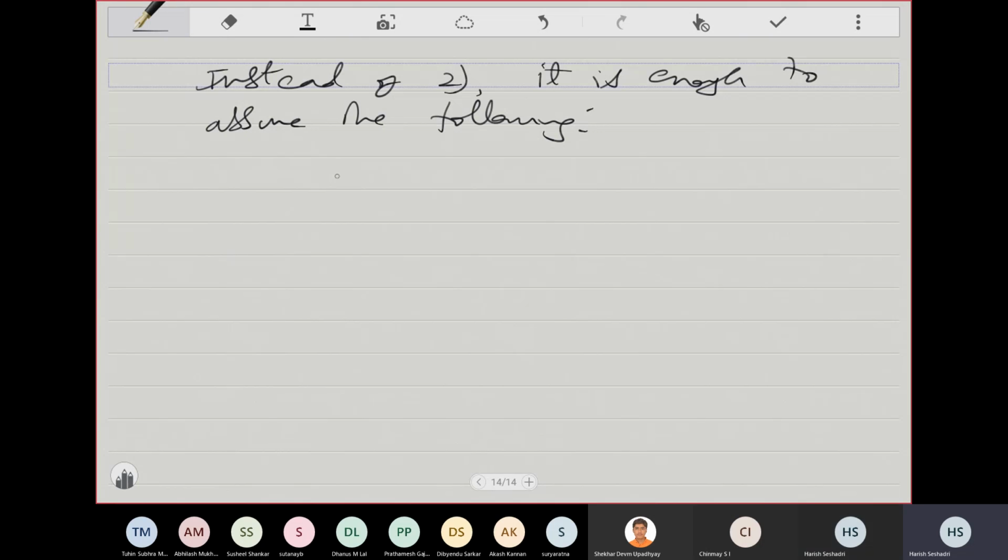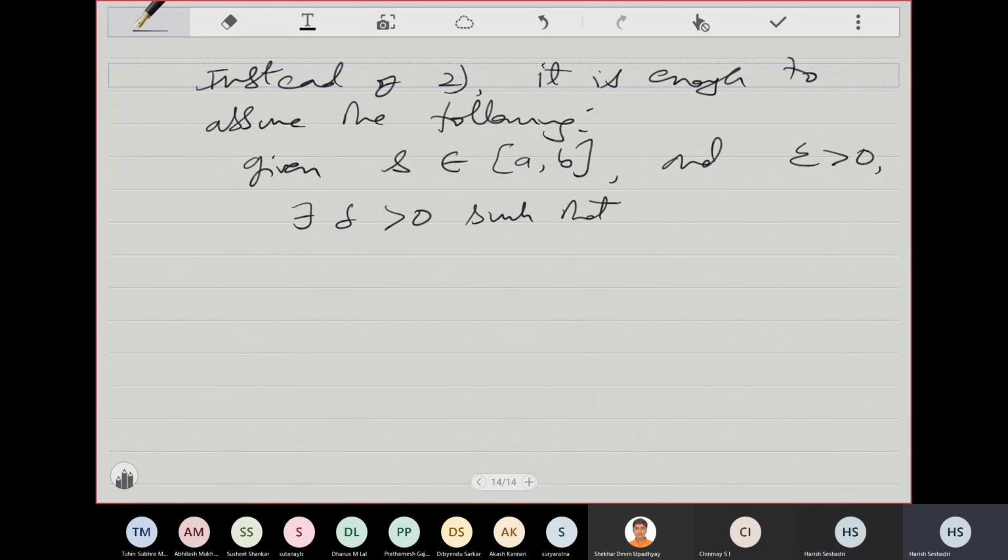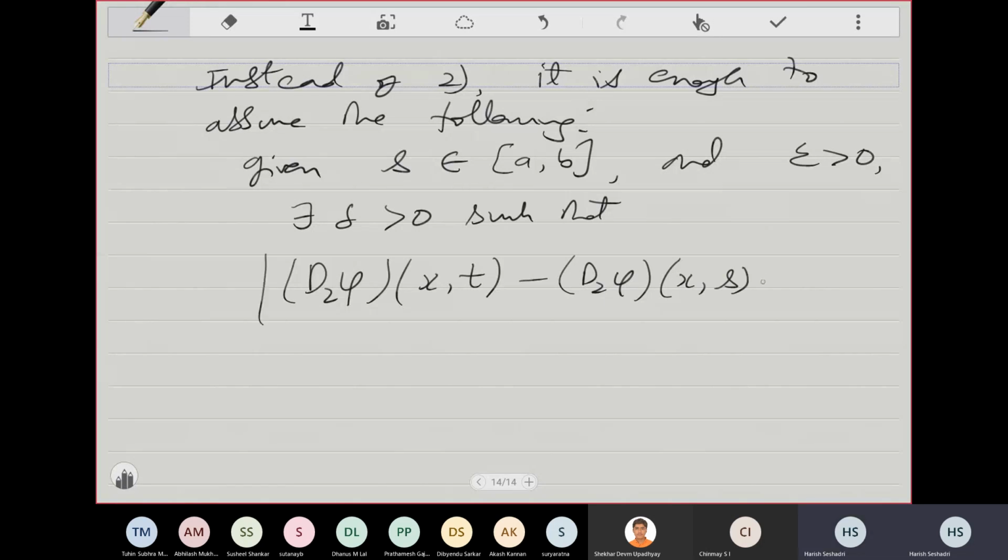Given s in between a and b, and epsilon greater than 0, there exists delta greater than 0 such that the absolute value of D2 phi at (x, t) minus D2 phi at (x, s) is less than epsilon if the absolute value of t minus s is less than delta.